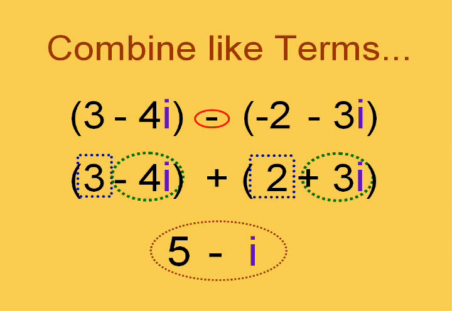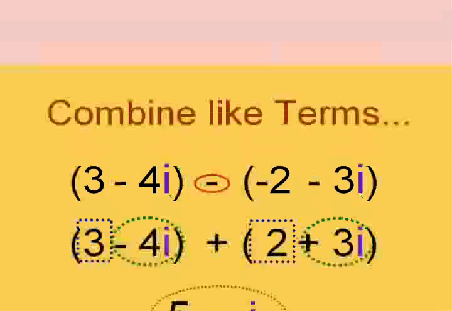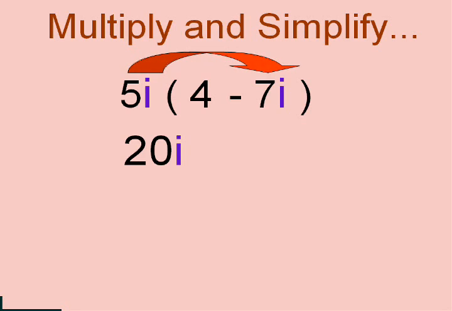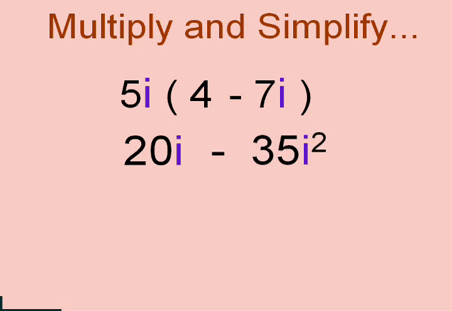I really think most of the reason we cover complex numbers is to review all the other rules. For instance, in this one we're going to review distribution. 5i times 4 is just 20i. 5i times negative 7i becomes negative 35i squared.